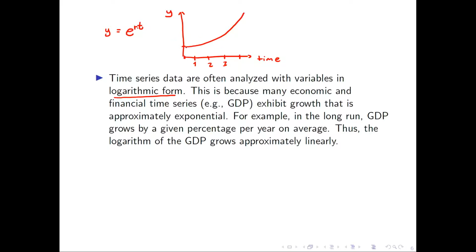Think of just your interest rate or your bank account. This is the amount of money that you have at time 0, and every single year you have more and more money in your bank account because of this exponential process.